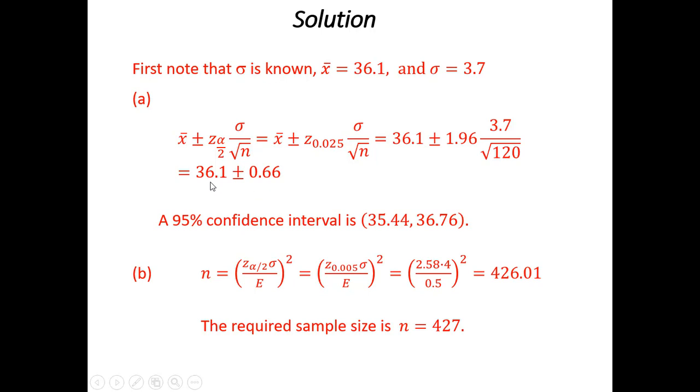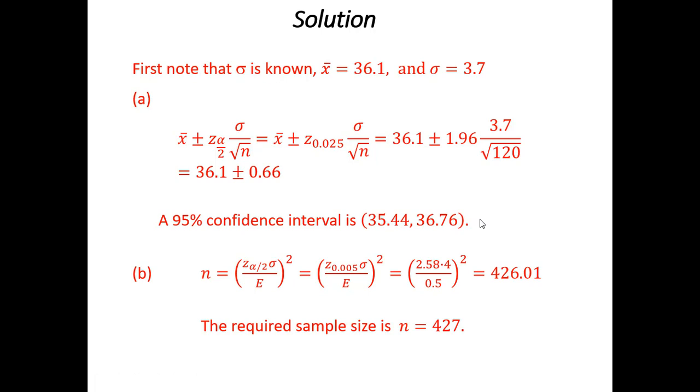When I take 36.1 minus 0.66, you can see we get 35.44. And when we add, we get 36.75. So we could say our 95% confidence interval is given here. And the thinking is that there's a 95% probability that the true mean is within this interval.